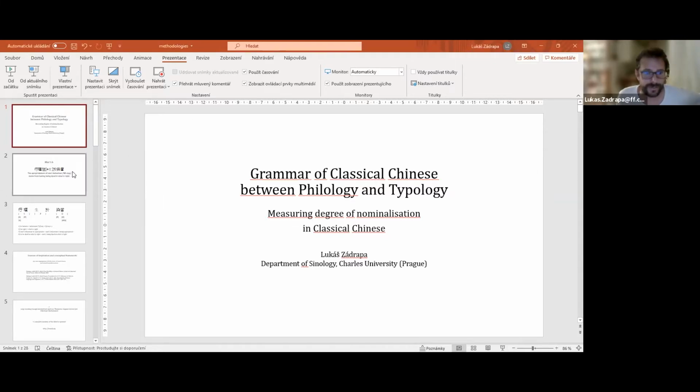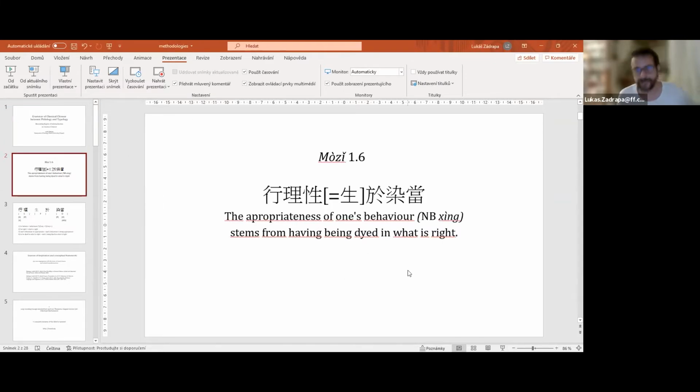And the second slide is an example of what I mean by nominalization and various degrees of nominalization. I've chosen an example from the Mozi, which I just happened to read through, and I came across this one sentence, which is a nice example of this.